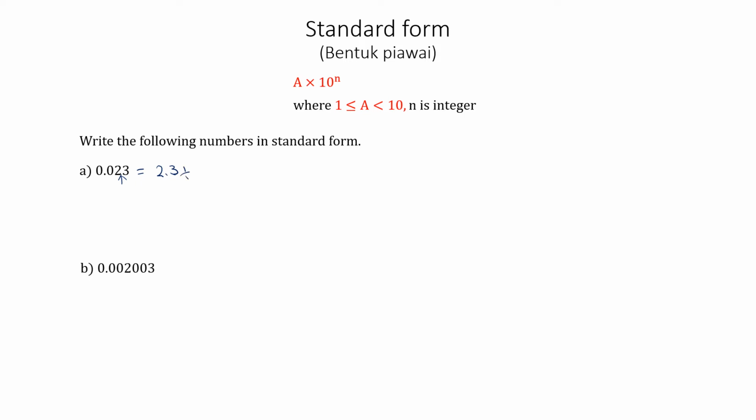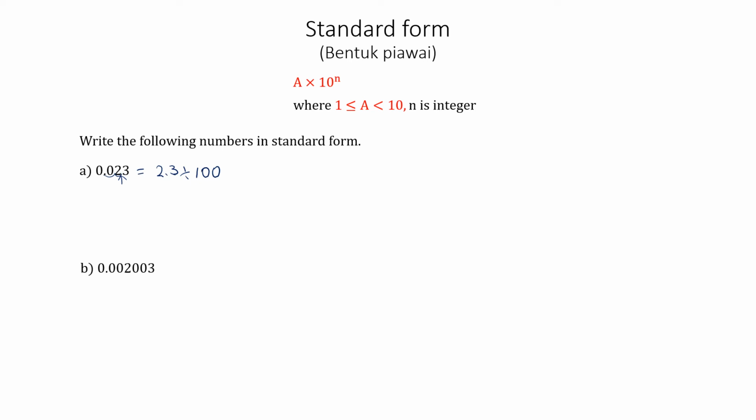So I need to divide with, just now I moved 1, 2, so that means divide by 100. 2.3 divided by 100 will be equal to 0.023.